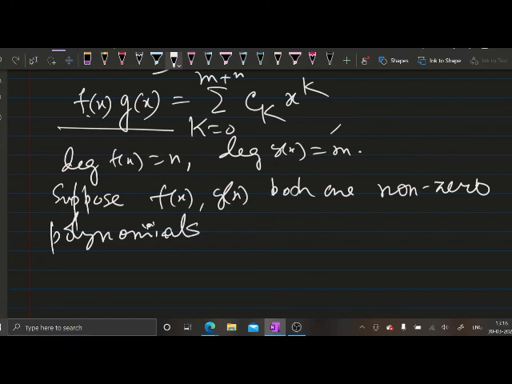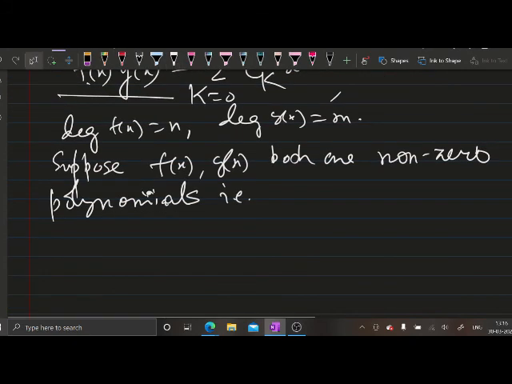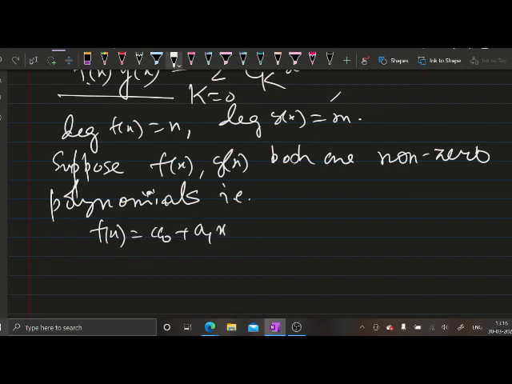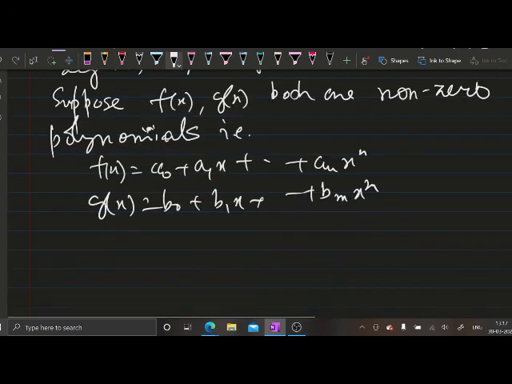That is, consider f(x) to be the expression a_0 + a_1 x + ... + a_n x^n, and g(x) to be b_0 + b_1 x + ... + b_m x^m. Here a_n must be non-zero and b_m must be non-zero.